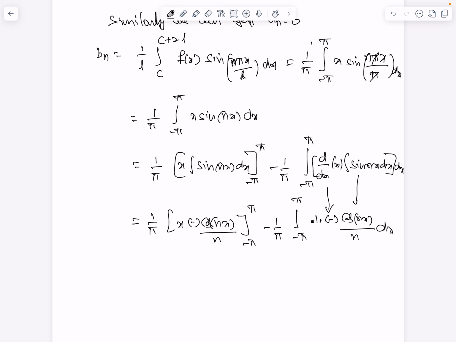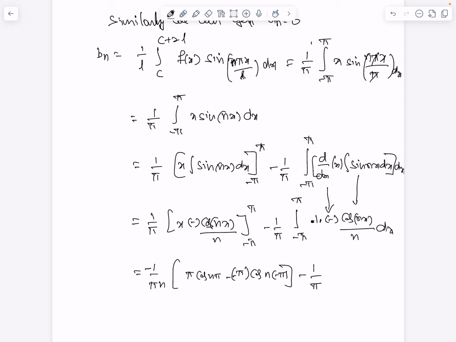Further, if you simplify and substitute the upper and lower limits, this is pi cos n pi minus pi cos n into minus pi, and minus 1 by pi.